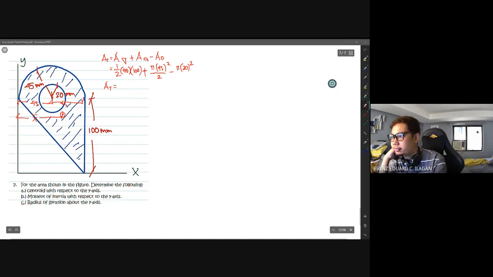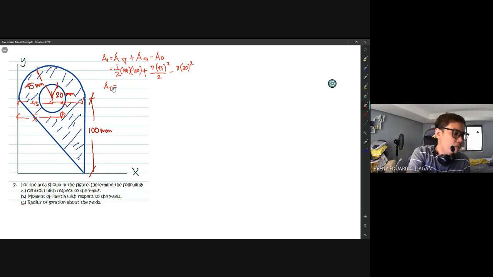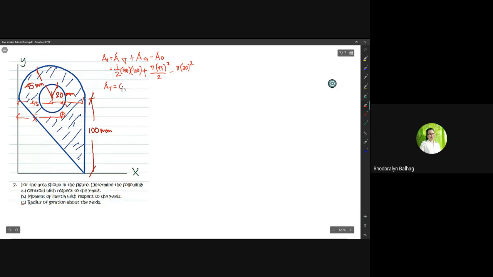Paipindot naman po sa calculator. Ano pong total area natin? 6424.2255.